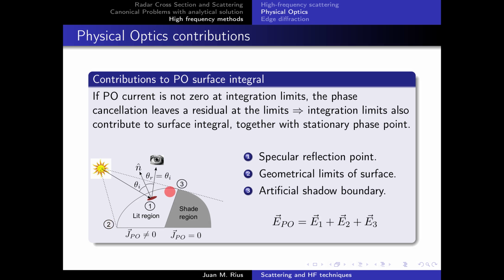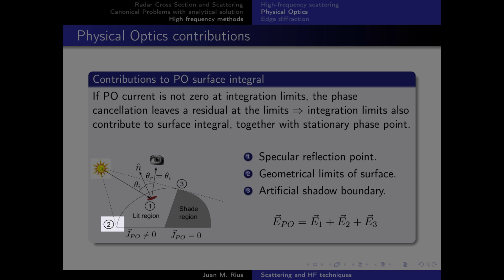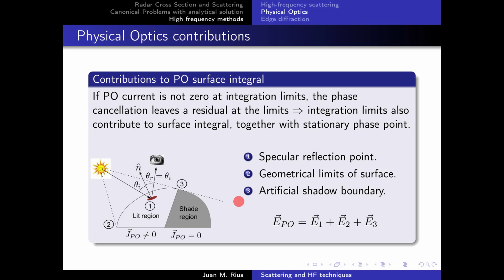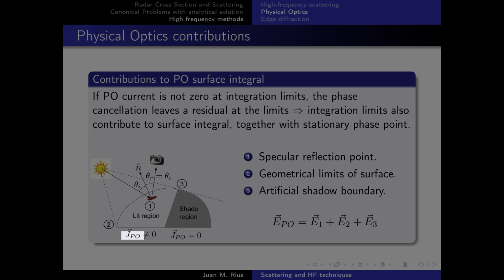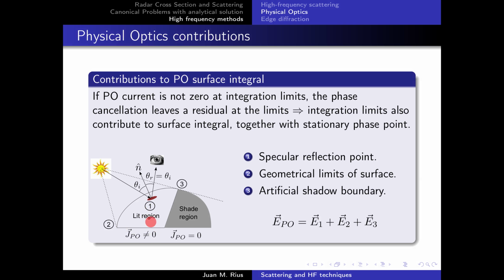But here we split the limits in two. We have the limits that are really geometrical limits, contribution number 2, geometrical limits to the surface, that is the surface end, the point where the surface ends. But we also have some artificial limits, because remember that we have set in physical optics approximation, we have set the current different than 0 at the lit region here, and the current equal to 0 at the shade region.